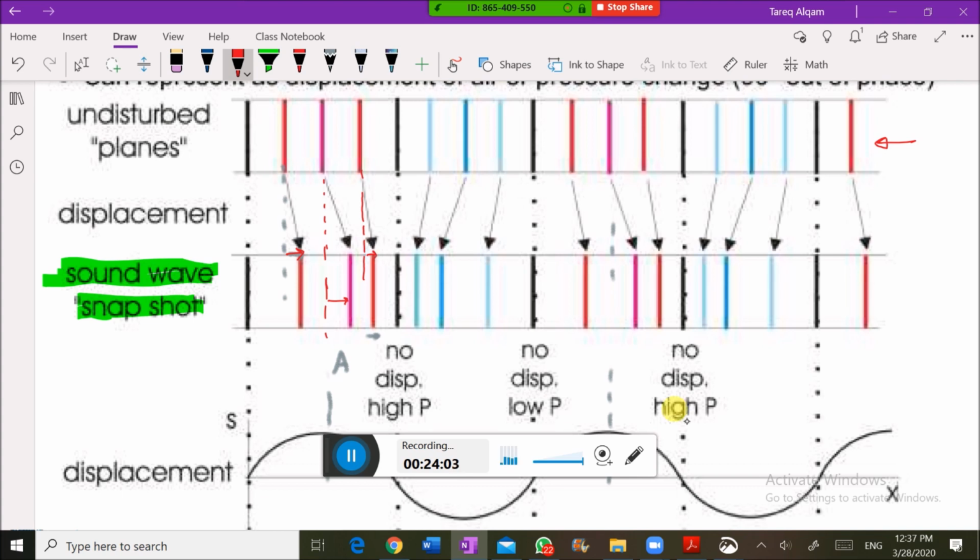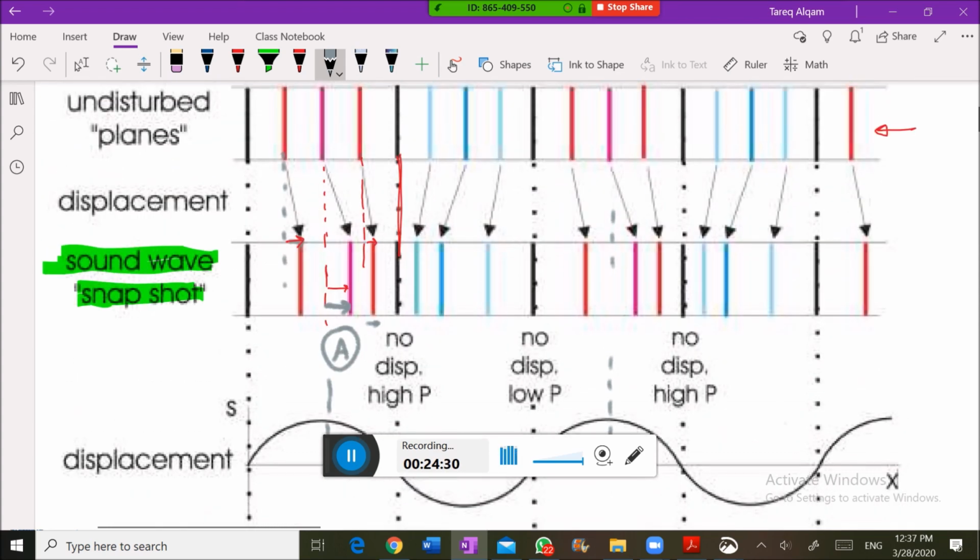Here, there is no displacement, guys. Where is the maximum displacement? This part. The maximum, right? So this is the amplitude. This is what? The amplitude. It's the maximum possible displacement for the planes of air from the undisturbed planes or undisturbed position. The sound waves. Professor, I didn't understand what you mean.